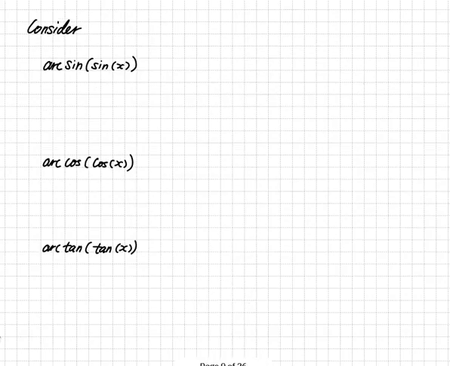Now let's consider another way. Now the outside function is the inverse, or here it says arc sine, arc cos, arc tangent. In fact, they're exactly the same as sine inverse, cosine inverse, and tangent inverse. Now I'm going to write it down here. Arc sine of sine x is the same as sine inverse of sine x. And you know this x is the angle. And the angle restriction is between -pi/2 and pi/2.